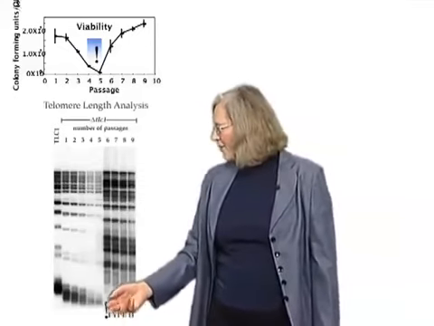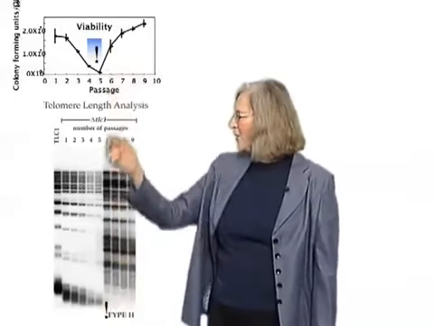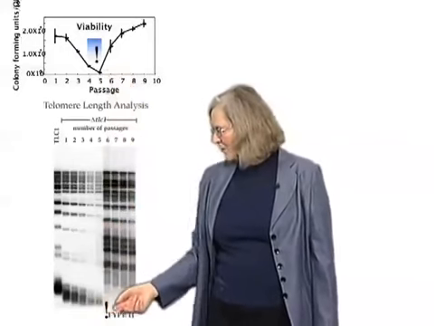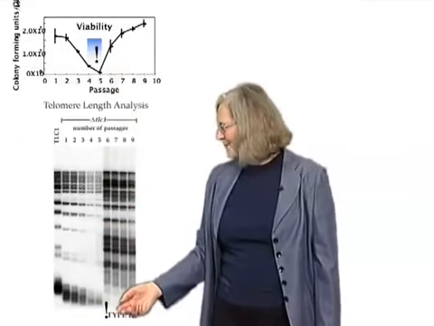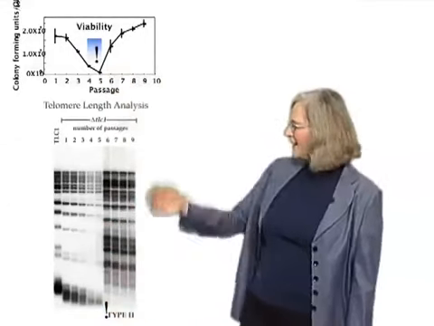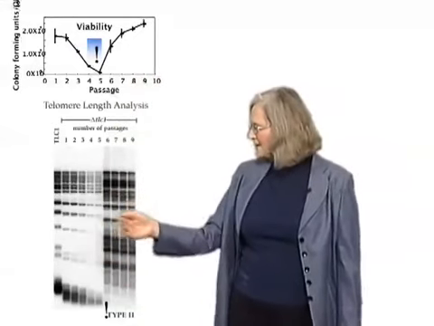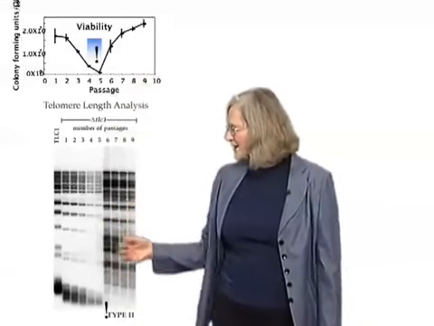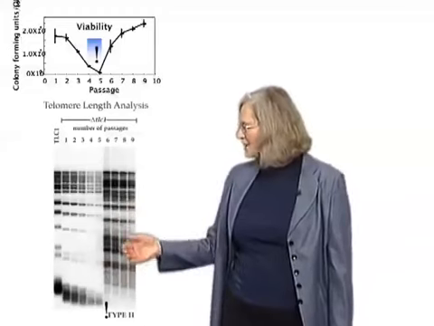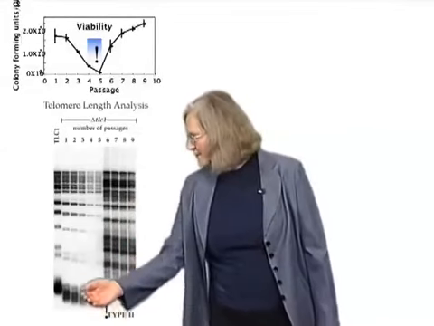Now, there are very few cells here, actually, but we loaded enough DNA so you can see what little telomeric DNA there is. And then the cells start growing well again, and what you see is now the telomeres, the pattern has changed. They're very heterogeneous, and there's much longer telomeres. You can see they're longer than these ones here.